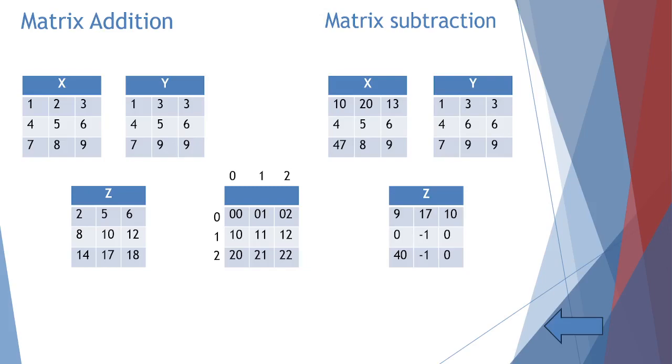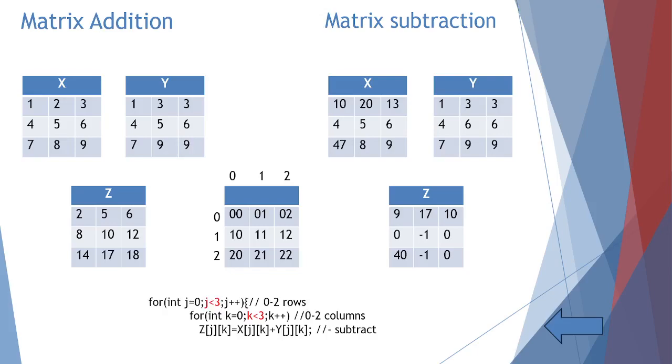Any 2D array or matrix can be accessed with the help of a nested for loop. Here if you see, j is 0, j less than 3, j plus plus. That means 0 to 2 rows, total 3 rows. k is 0, k less than 3, k plus plus, accesses the matrix horizontally.